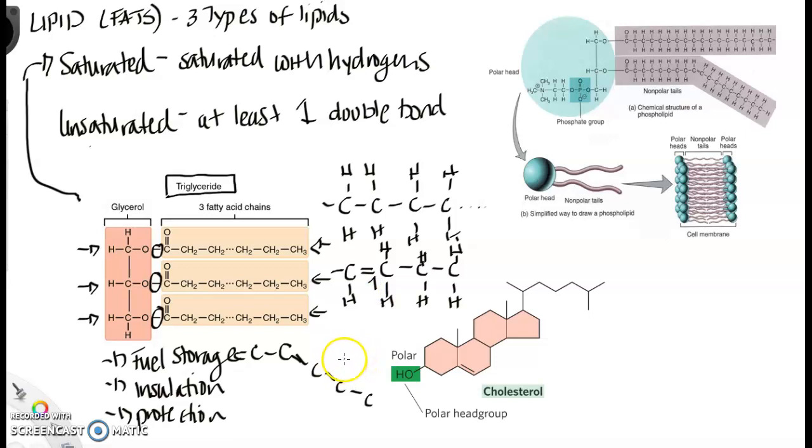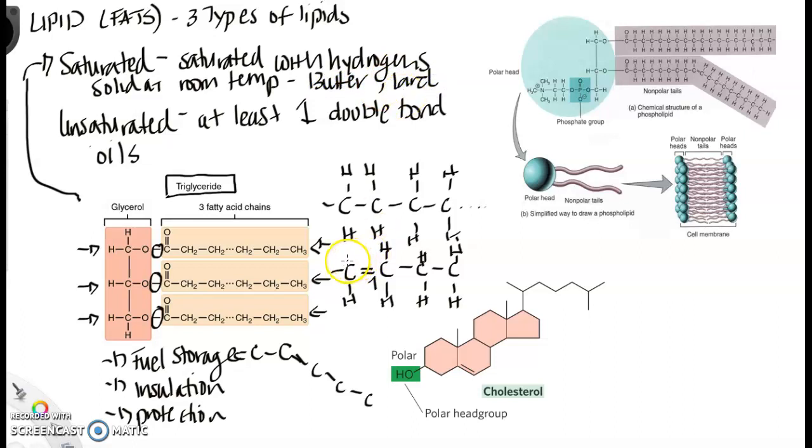Okay. So unsaturated fats are going to be oils, so vegetable oils and things like that. Saturated are going to be solid at room temperature. So that's going to be like butter or lard.